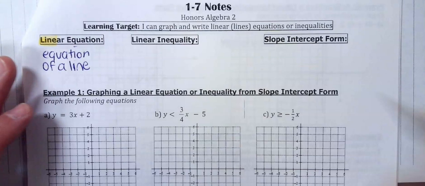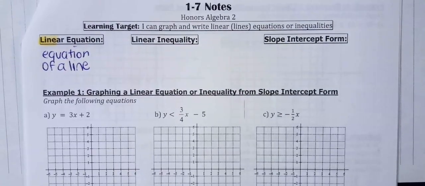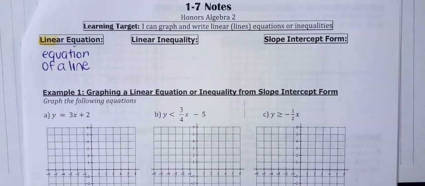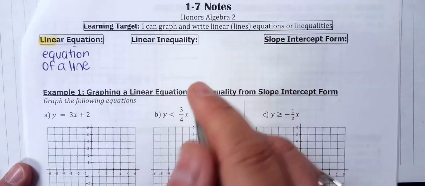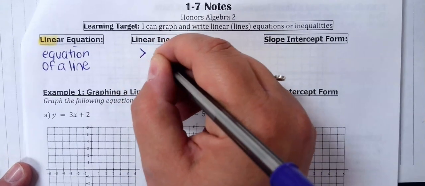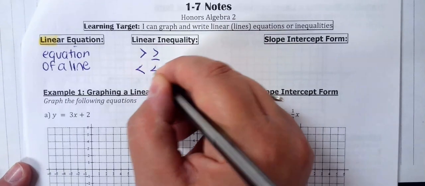There are different formats it can come in, so we're going to talk about all of those today. There are 3 of them. The other thing we're going to throw into the mix is a linear inequality. The only difference is that instead of an equal sign, we have greater than or equal to, or less than or equal to.